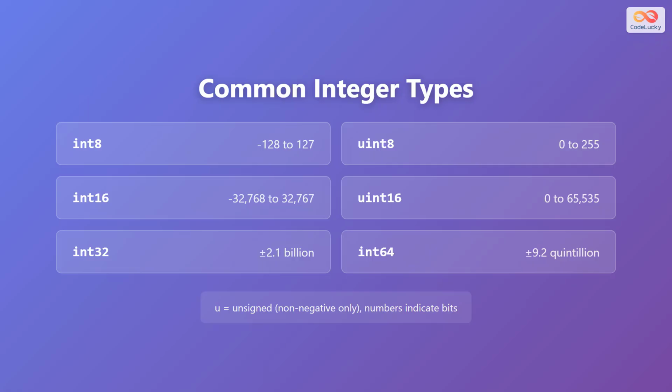Uint16 goes from 0 to 65,535. Int32 can handle values up to plus or minus 2.1 billion, and Int64 can store values up to plus or minus 9.2 quintillion. The number in each type name indicates how many bits are used to store each value.